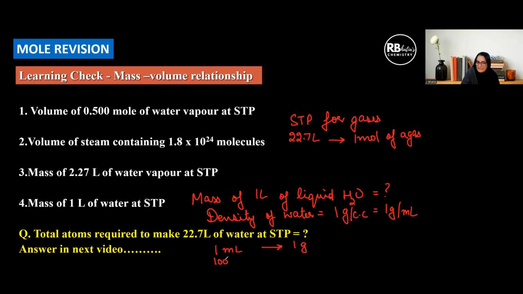So 1 liter means 1000 ml is going to weigh 1000 gram or 1 kg. So the answer to this question will be 1 kg. I hope this is clear.